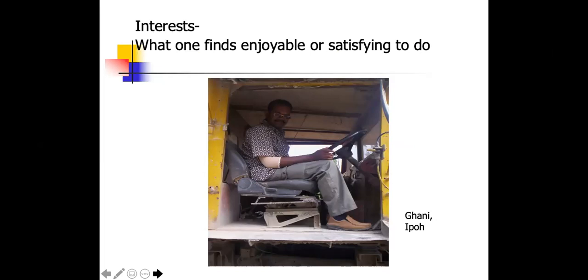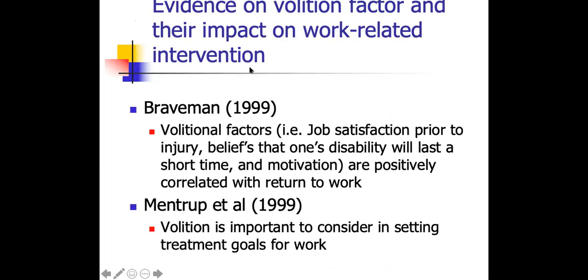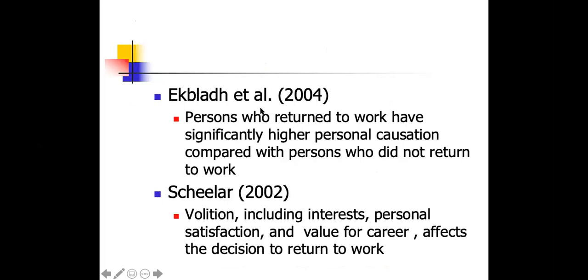Satisfied. So there's a lot of evidence in terms of volition. Banyak kajian from Bregman, Mantrap. Ini berkaitan dengan volition. Kita boleh baca kat sini. Ectoplasm OT.